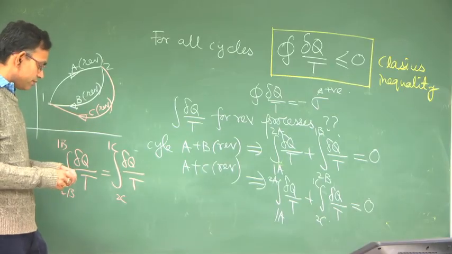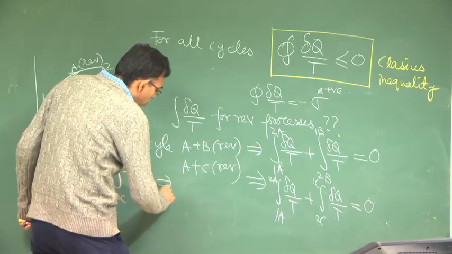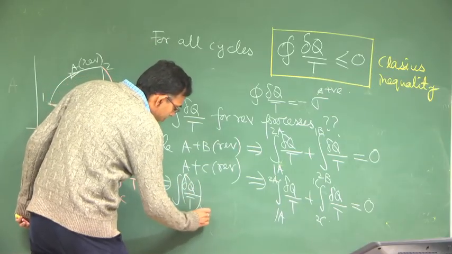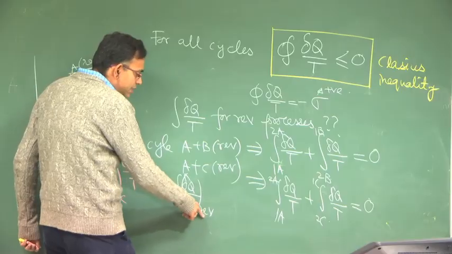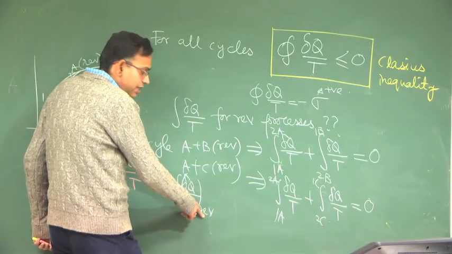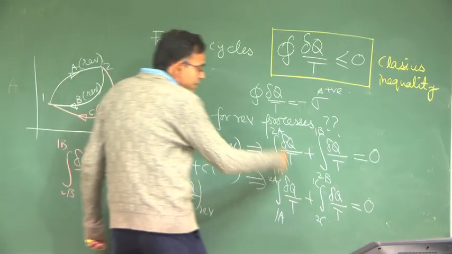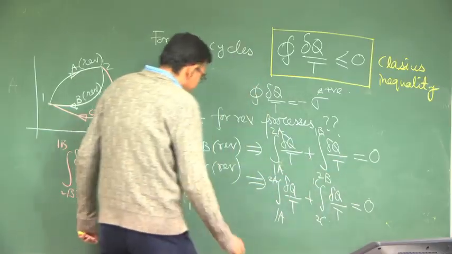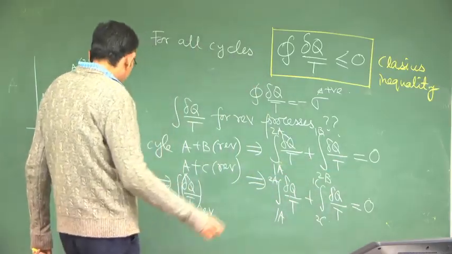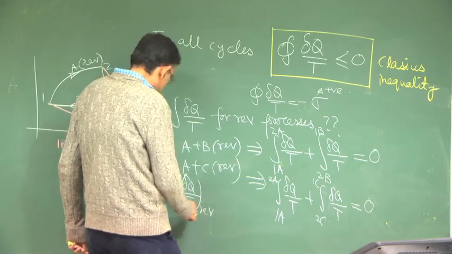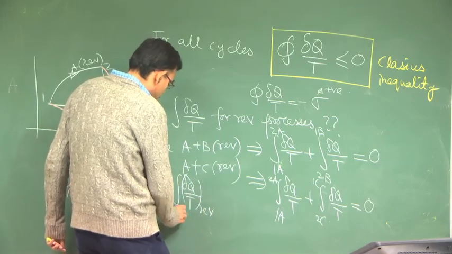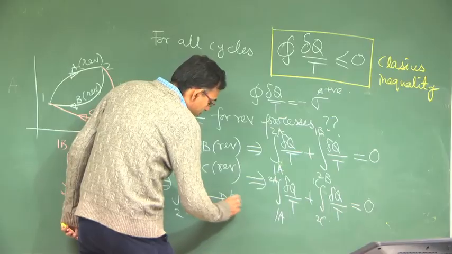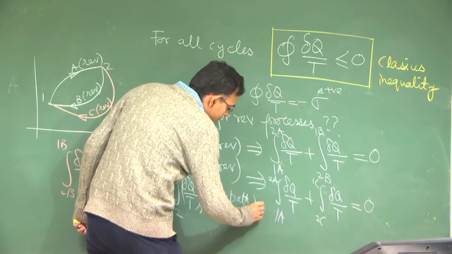That means the integral of del q by T for reversible, I am putting here reversible in the sense that without reversible this kind of expression will not work, the equality will not work. This integral of del q by T for reversible between 2 points, so 2 to 1, is path independent.